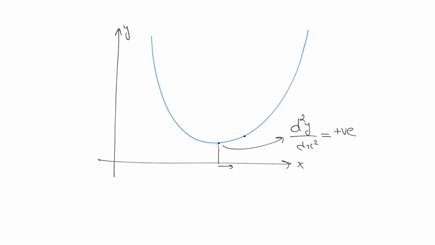That means as we increase the value of x, the value of y is going to increase. So just remember the conditions. If d square y by dx square is positive, then we are at minima, and if d square y by dx square is negative, we are at maxima.